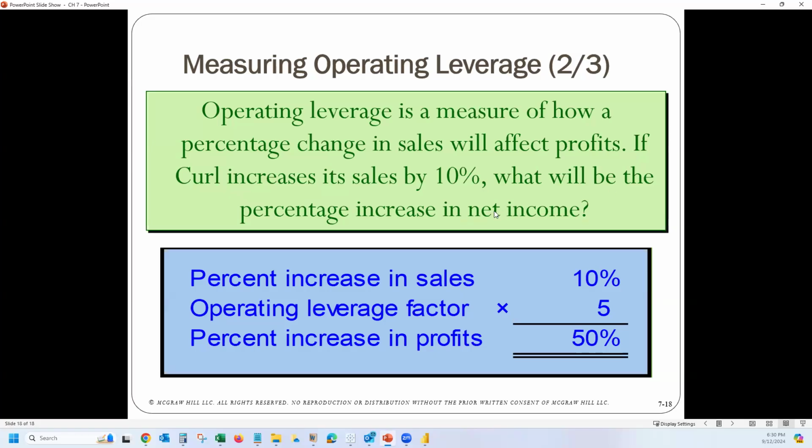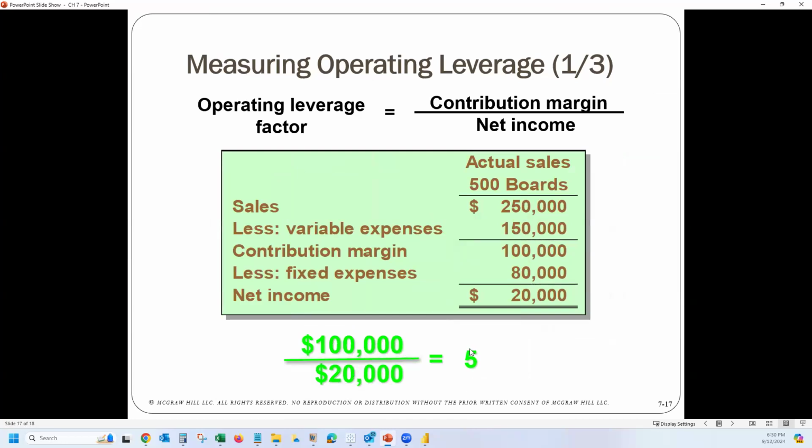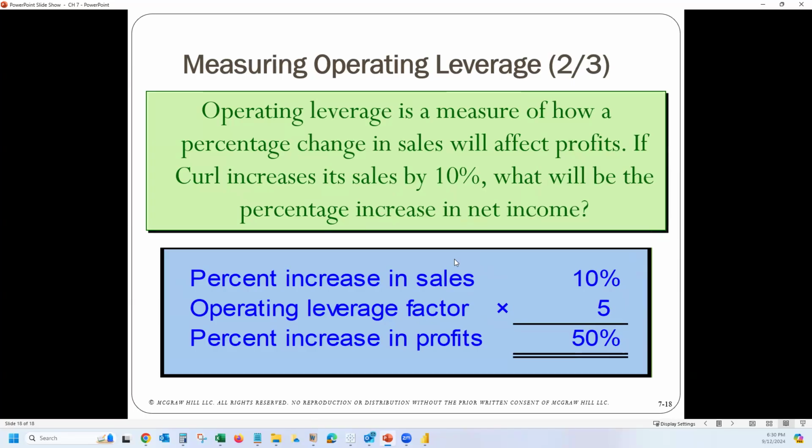To calculate the impact on the net income, it is basically the operating leverage multiplied by the change in the sales volume. The sales volume change we have here is 10%, multiplied by the operating leverage. That is going to be a 50% increase in the company's profits.